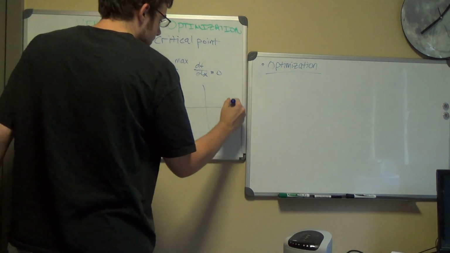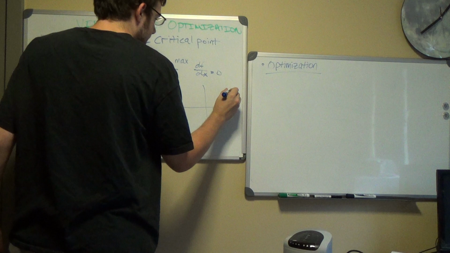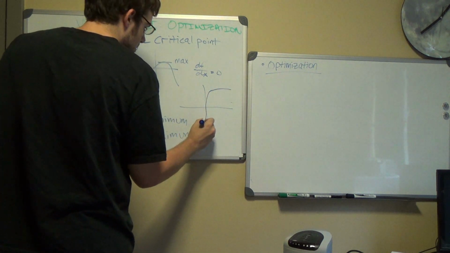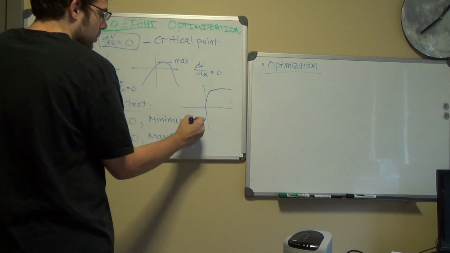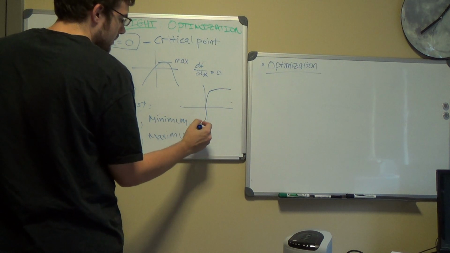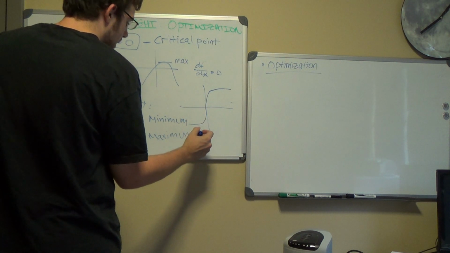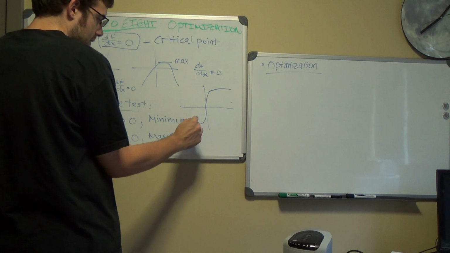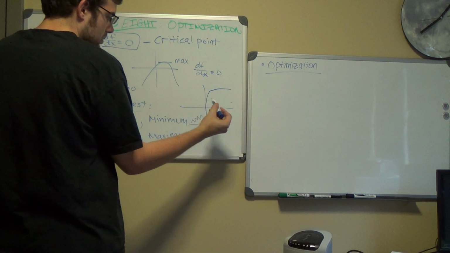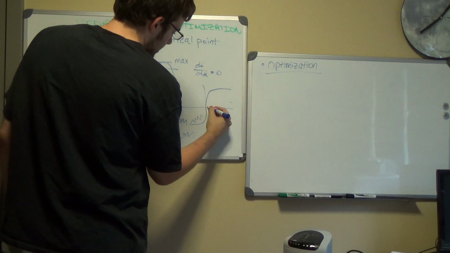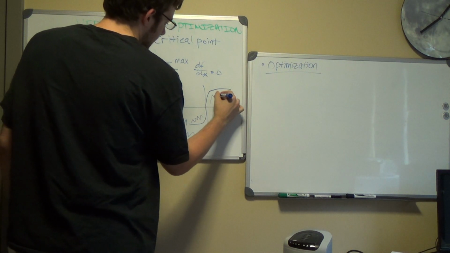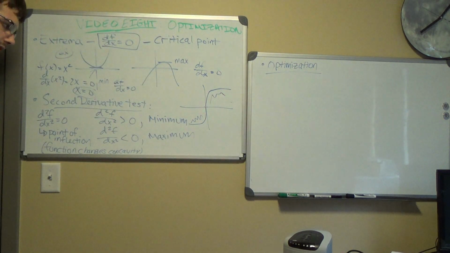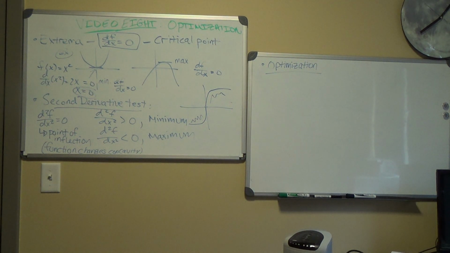So it's kind of something like this, where we have a positive second derivative here. Here is our point of inflection, and here we have a negative second derivative.